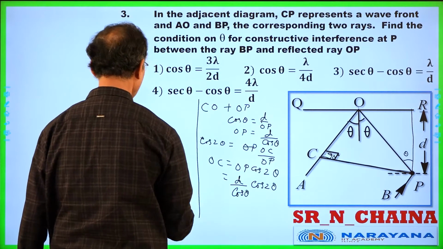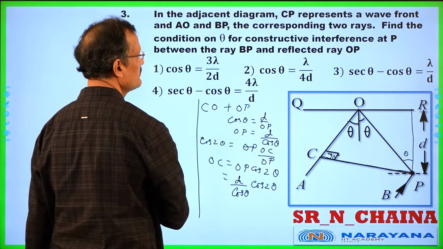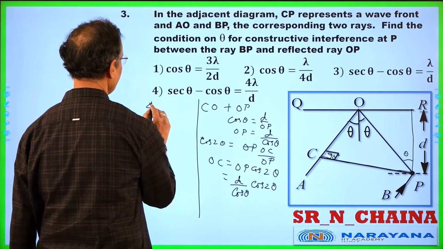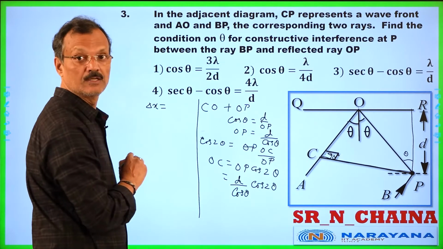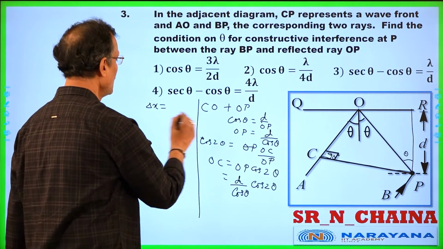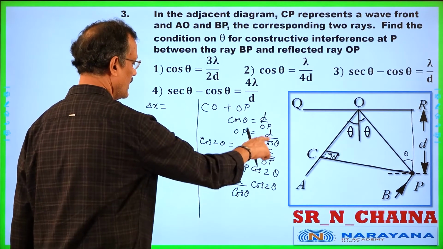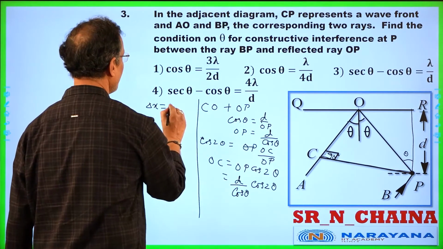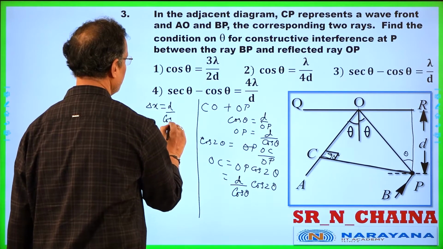If you are going for path difference, how much path difference are you getting? Your path difference will be OP plus CO. You can take D by cos theta common.